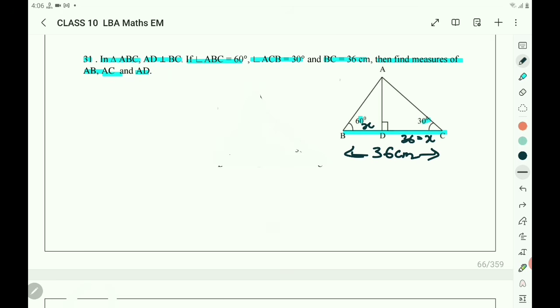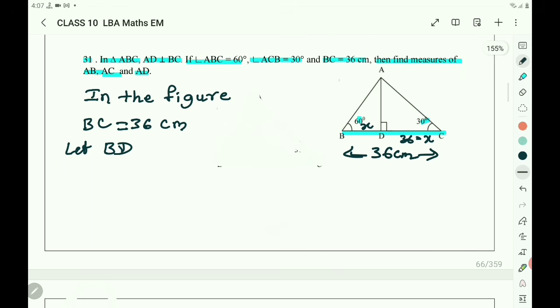Now you write in the figure: given BC equals 36 centimeters. Let BD equal x, then CD or DC equals what? 36 minus x.